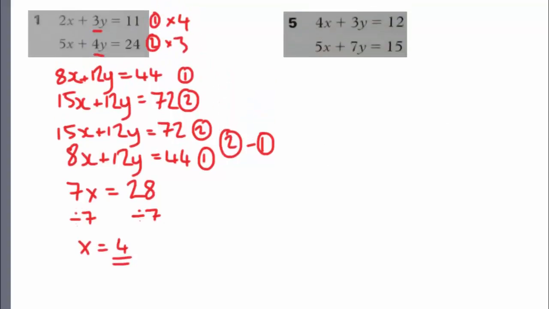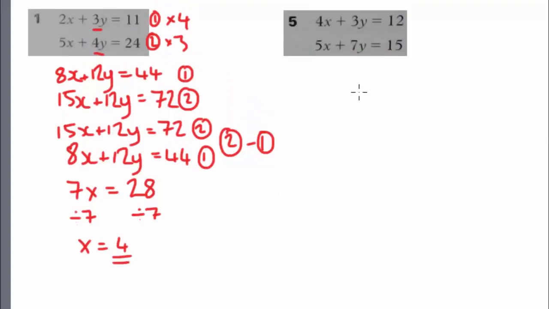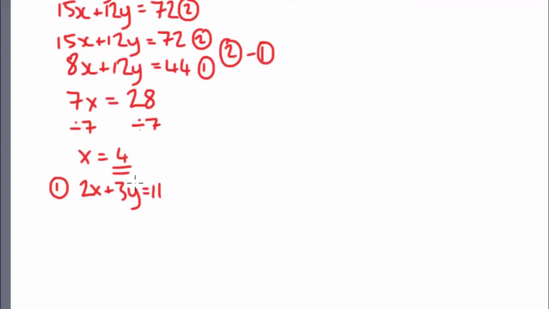What we then have to do is substitute it in. I'm just going to pick equation 1. So equation 1 gave us 2x plus 3y equals 11. We know x is 4, so that is 2 times 4 plus 3y equals 11.